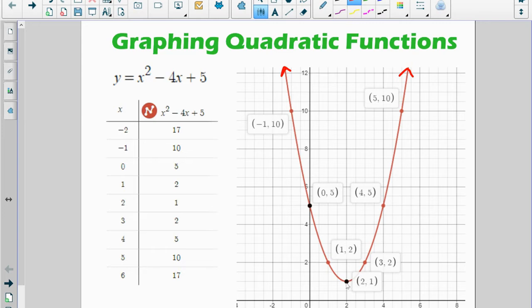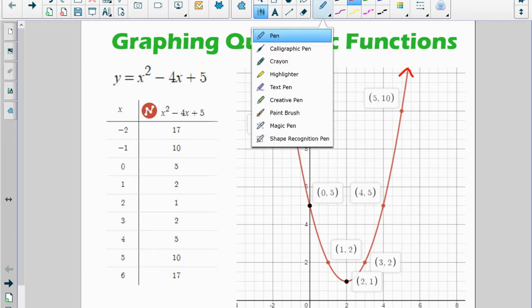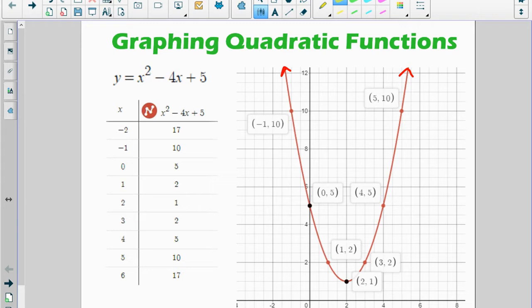It's the bottom of the parabola, and I want to really focus on our table. So take a look at where that is in our table. It's in the middle, but when you look at the y values, notice that all of our y values continue to increase the further away you get from that vertex. For example, 1 to 2 to 5 to 10 to 17.